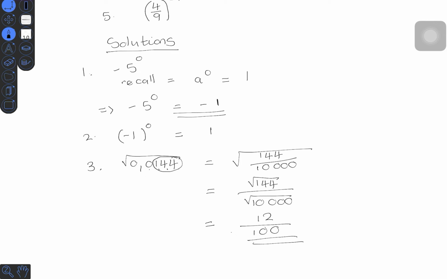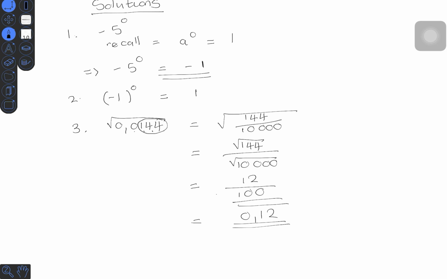But if it's stated that you're supposed to reduce it to lowest terms, maybe just leave it at 0,12, as a decimal fraction. It depends on the demands of the question. So just follow the rules, but if it's not stated, just reduce it in any form which is easier for you.